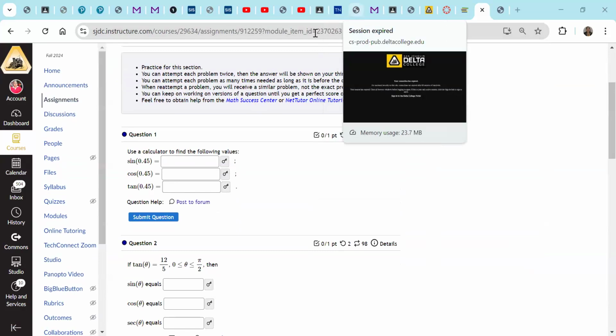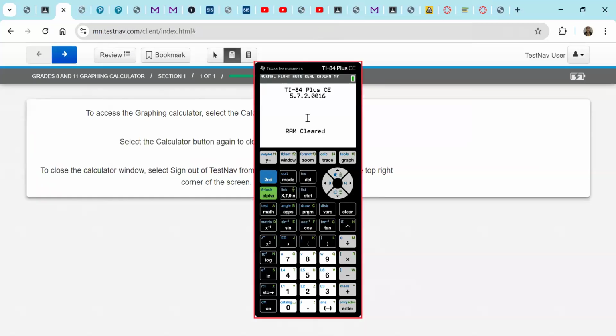So I'm going to share my calculator screen up on the top. Okay, I hope my calculator screen is now visible to you. This is the TI-84 calculator.